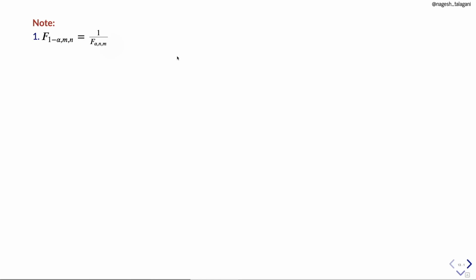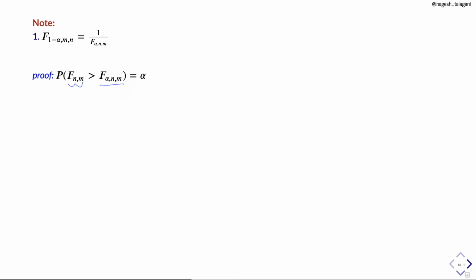We know what is the meaning of F alpha n,m. F alpha n,m is the real number for which the probability of F n,m greater than F alpha n,m equals alpha. Now this F n,m is a random variable which follows the F distribution with n and m degrees of freedom.